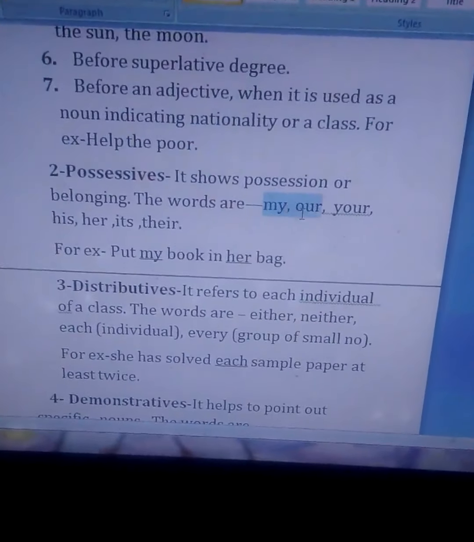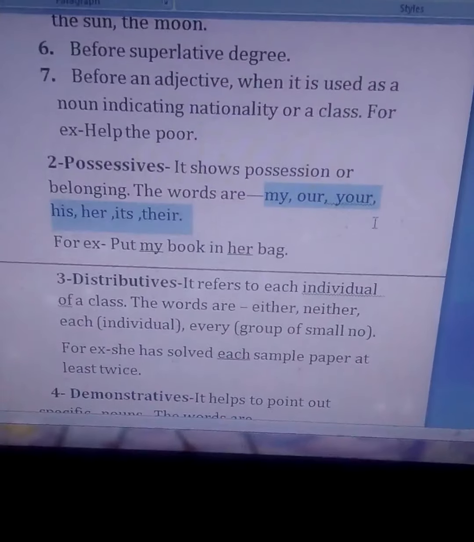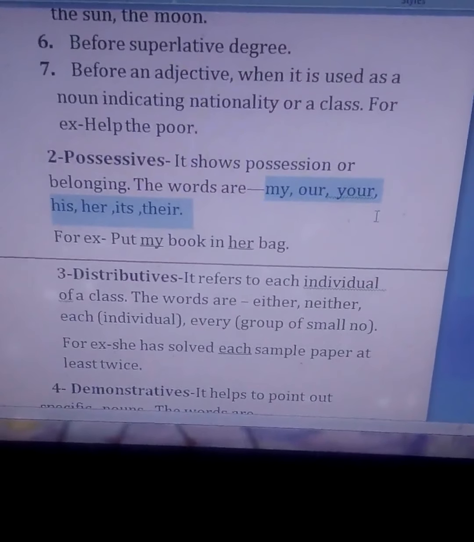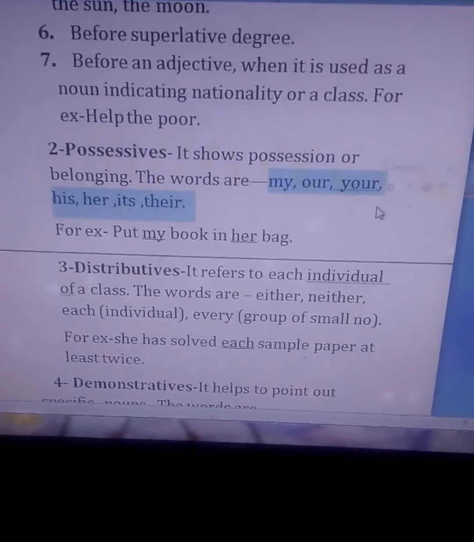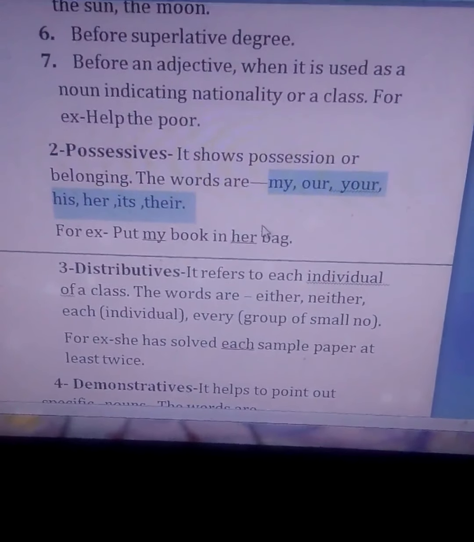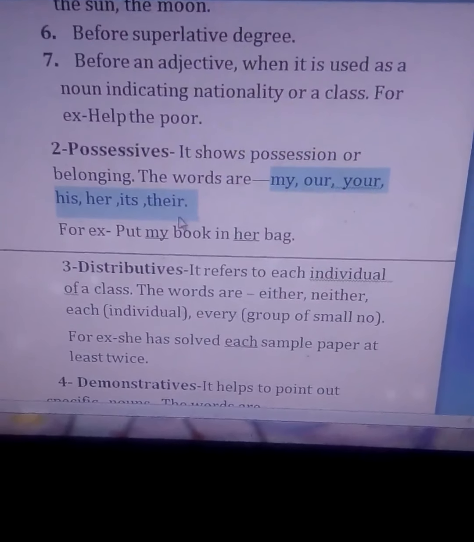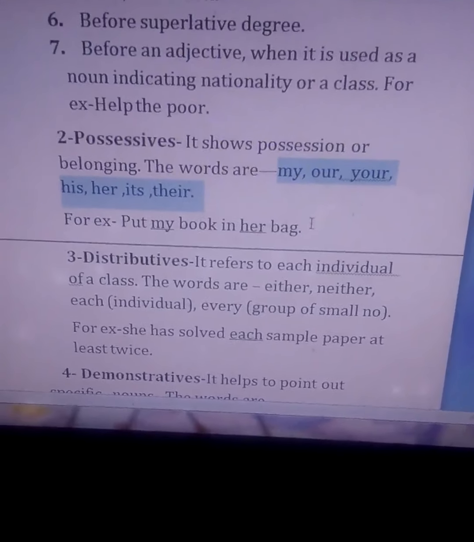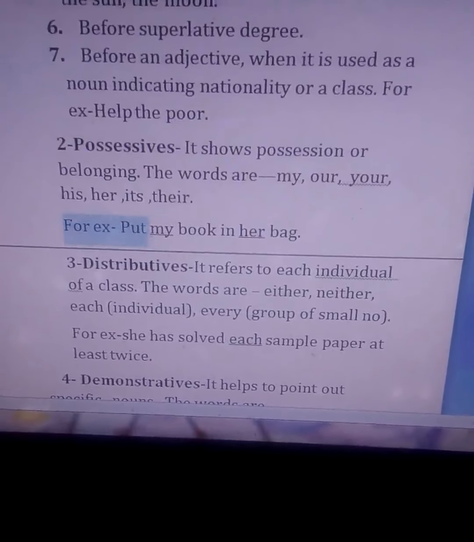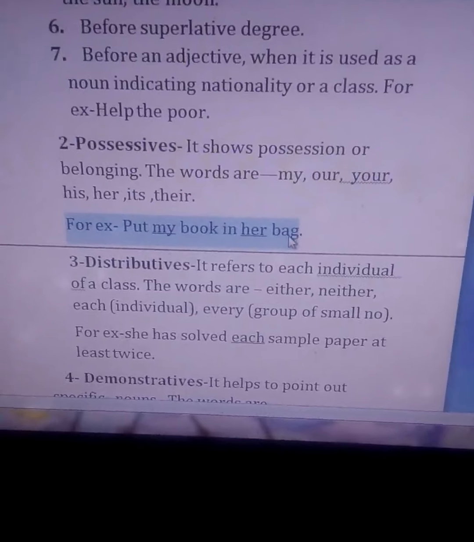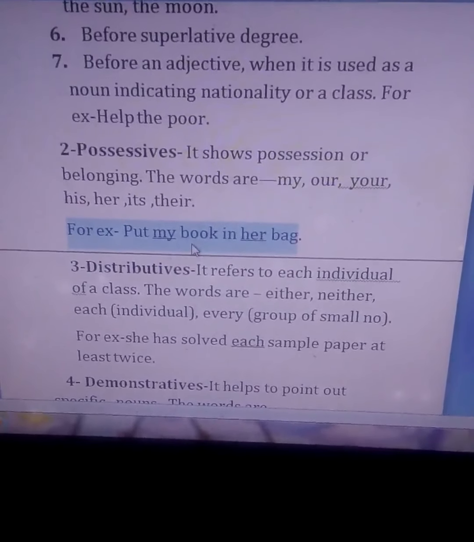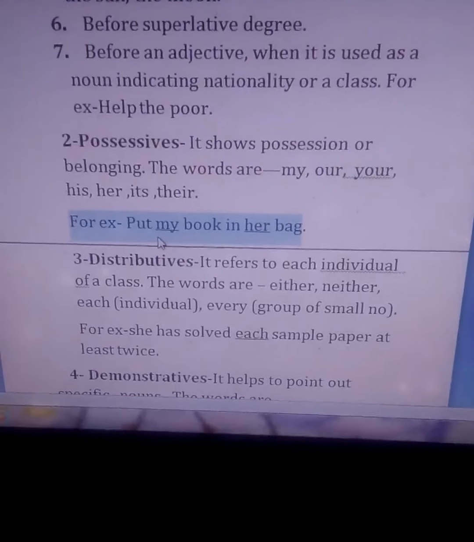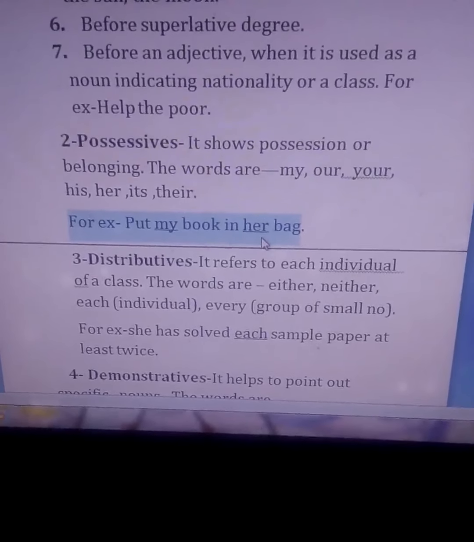The words are my, our, your, his, her, its and their. These words are used as possessive determiners. For example, put my book in her bag. Here, my is indicating book and her is indicating bag.